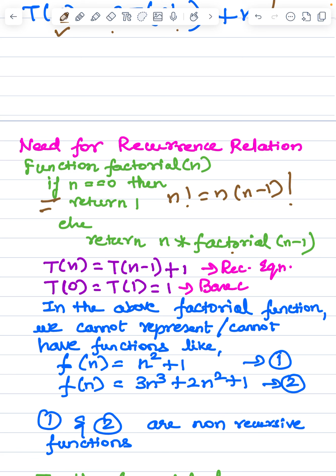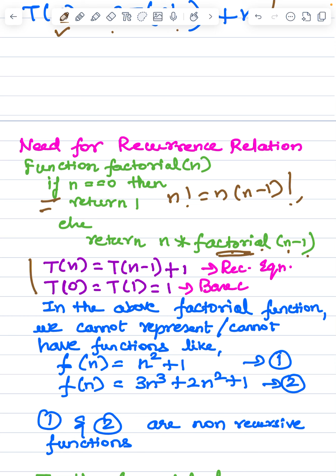So that is called a recurrence relation. Whenever a function calls itself, those functions are called recursive functions. Here the factorial function is a recursive function because inside it, we again call the factorial function with its next instance, n minus 1.